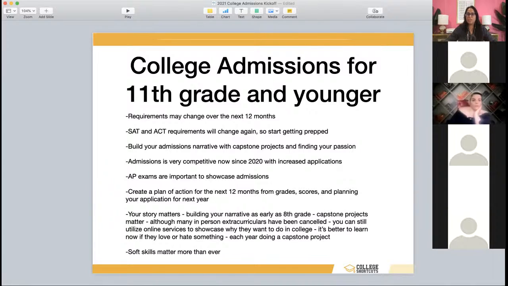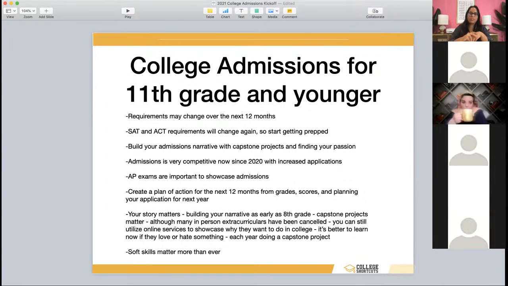So just be flexible and understand that if you don't have an upcoming senior, it is going to keep changing. Next big thing that's coming is the SAT and ACT requirements will change again. So keep getting prepped. For the students in 11th and 10th grade that couldn't take it this year, just keep practicing and realize that you need to sign up ahead of time.